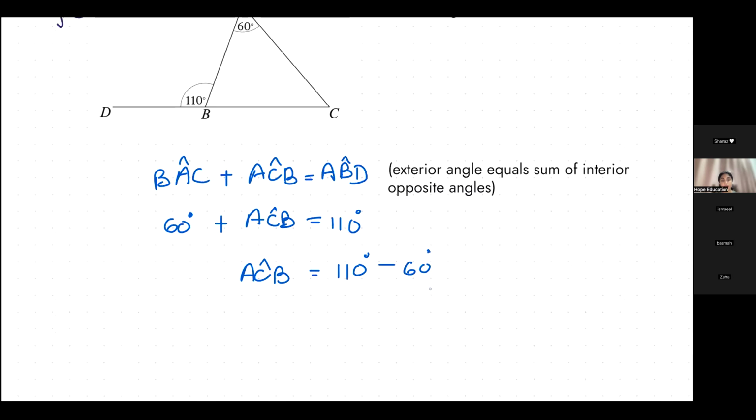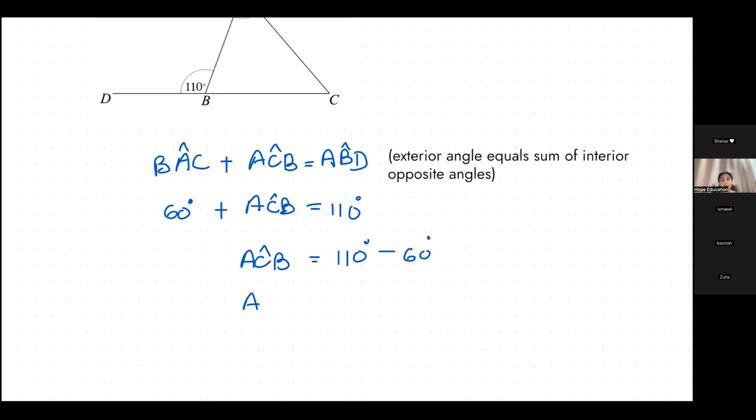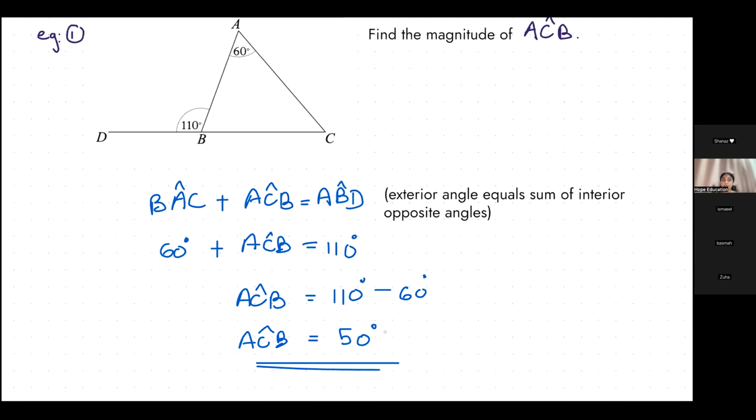So ACB equals 110 minus 60, which is 50 degrees. That is the value of ACB. Did you all understand this? Don't write yet. Let's discuss example 2 as well.